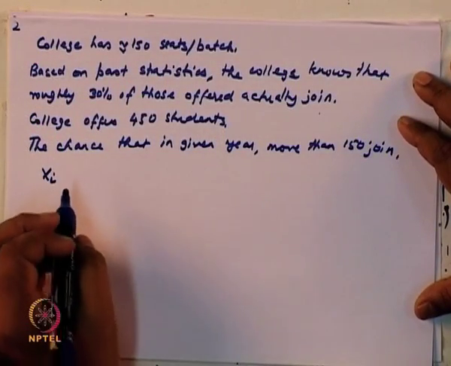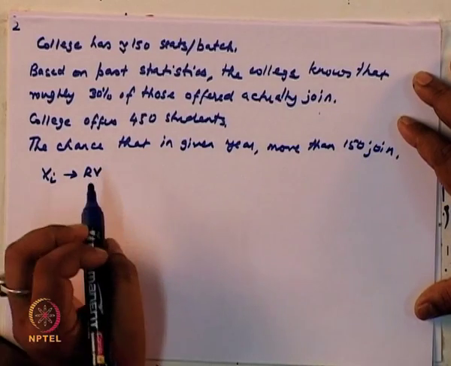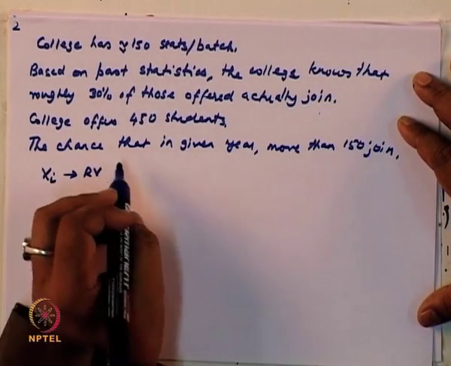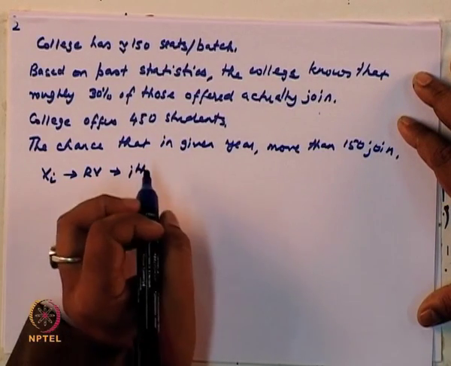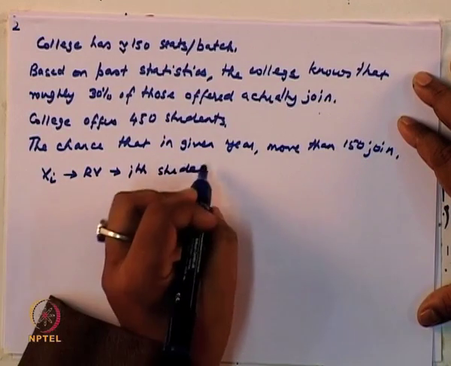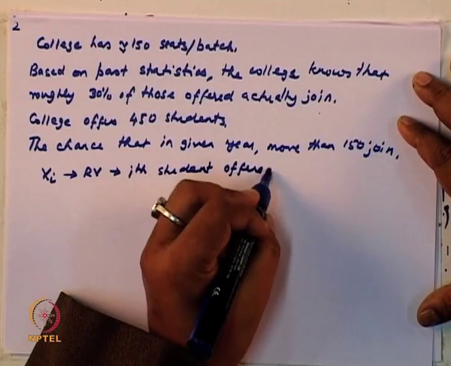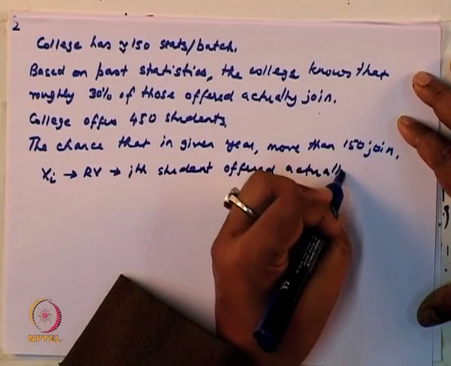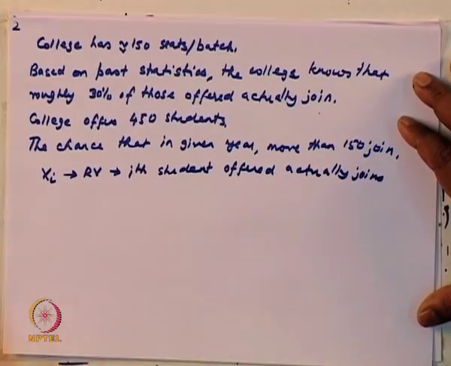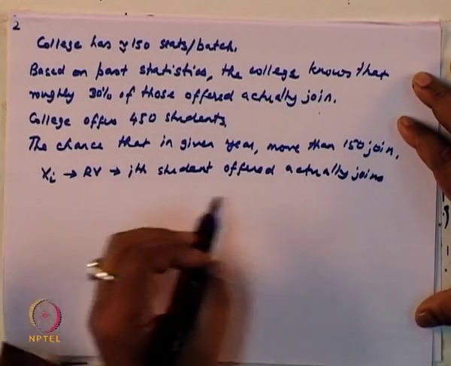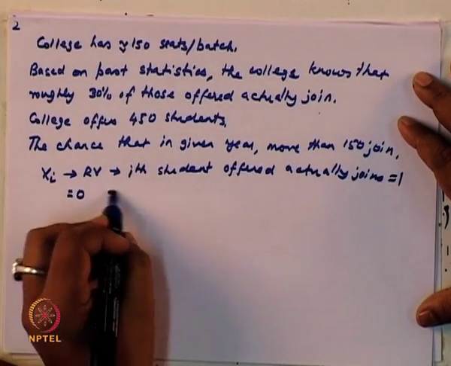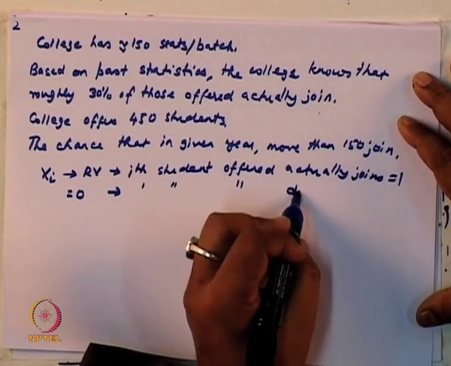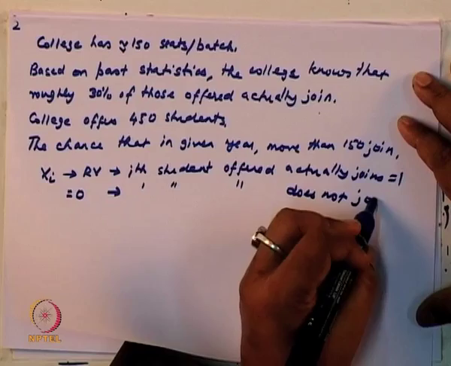What you can define is xi, a random variable associated with whether the ith student offered actually joins. If the ith student offered joins, I can assign xi equal to 1, and xi equal to 0 if the ith student is offered but does not join.